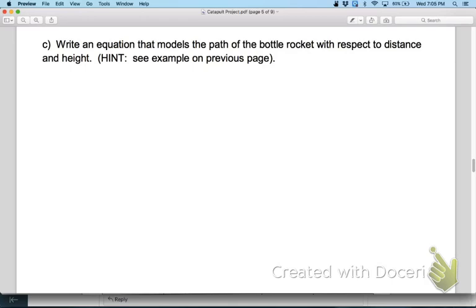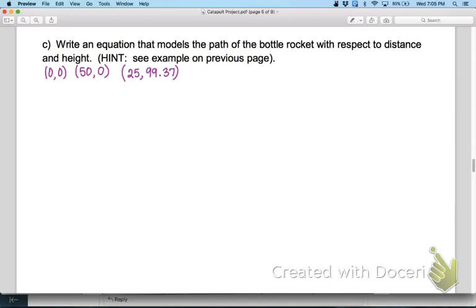So we know 3 points: 0, 0, 50, 0, because it goes a total distance of 50. And then halfway there is going to be 25, and we just figured out that the height was 99.37. Now, one thing that I want you to notice is now we're changing the variables.